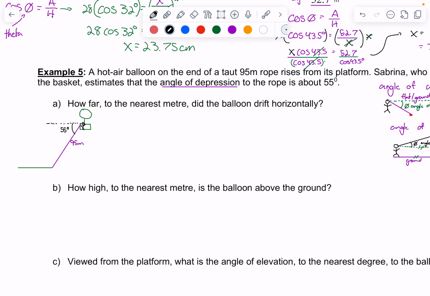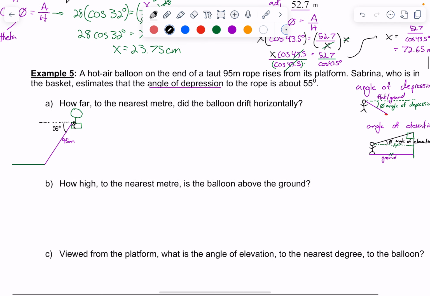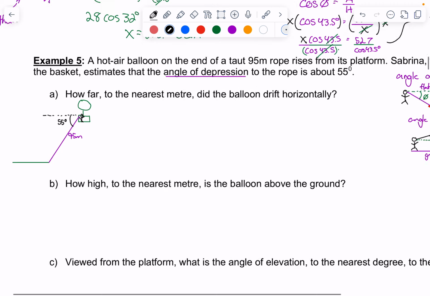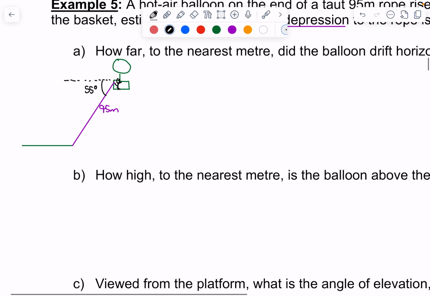All right, so that's what we were given right now. How far to the nearest meter did the balloon drift horizontally? Okay, so you can see that this angle being 55 degrees here, that's why I drew my picture like this off to the side.